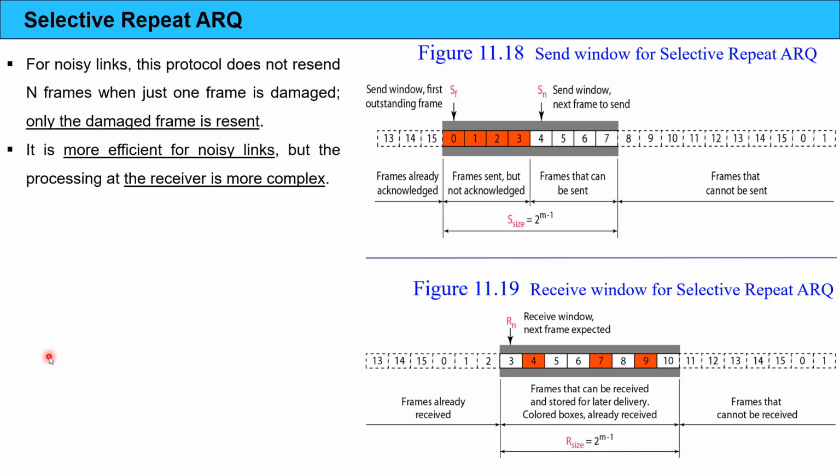I'm waiting for 3, but I received 4, so I will store it. I missed 5 and 6, for example, but received 7, so I will store it. I missed 8, but I received 9 correctly, I will store it. Then I will still be waiting for 3, so when 3 comes, I will slide. So the process becomes a little bit complicated rather than just waiting for 3.